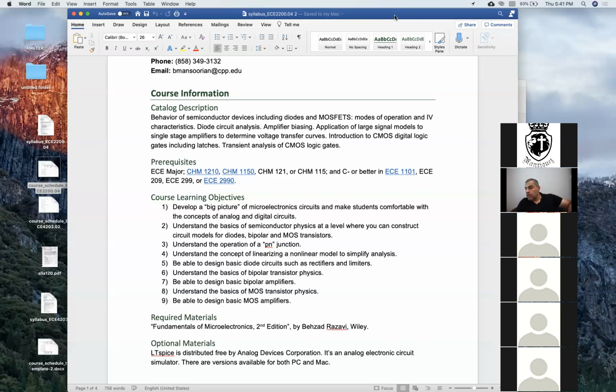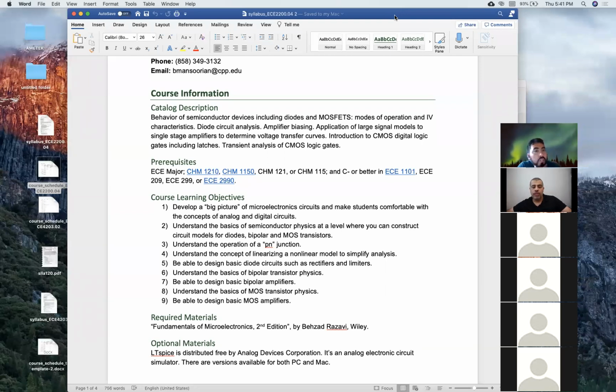Okay, so anyway, I have the objectives here. One is to get a big picture idea of what microelectronics are. My personal first experience with circuit design classes wasn't really that positive, because I couldn't get an idea of what good these circuits of resistors, inductors, and capacitors do.